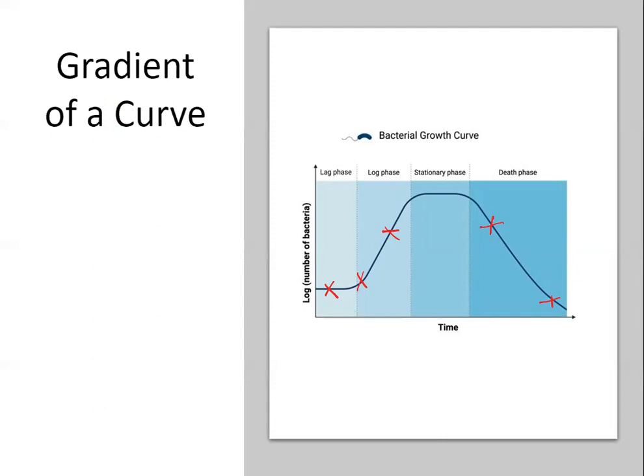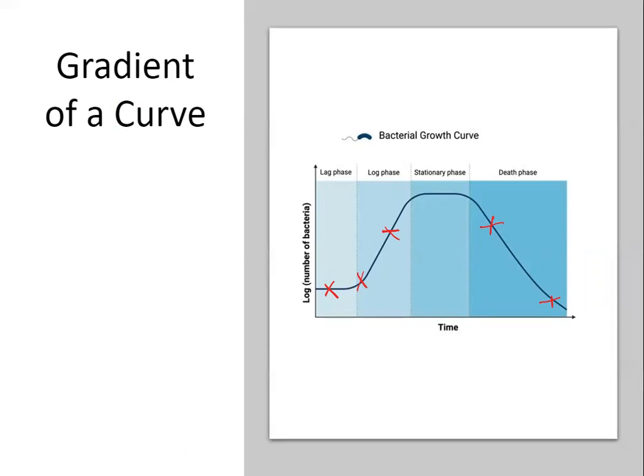And let's just say, when you look at this curve, you want to know how the number of bacteria changes with time. You'll realize that it's not the same everywhere because the gradient here is different from the gradient here. Here, the gradient is different from there. Here, the gradient is different from here, and so on.